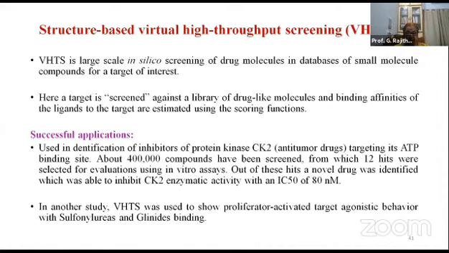I already said PDB, ZINC, all the databases will store the 3D structures along with the properties. Then the target is screened against the library of drug molecules. After screening, the binding affinities are estimated by scoring functions. A successful application here is the identification of inhibitors of protein kinase C2, anti-tumor drugs targeting.